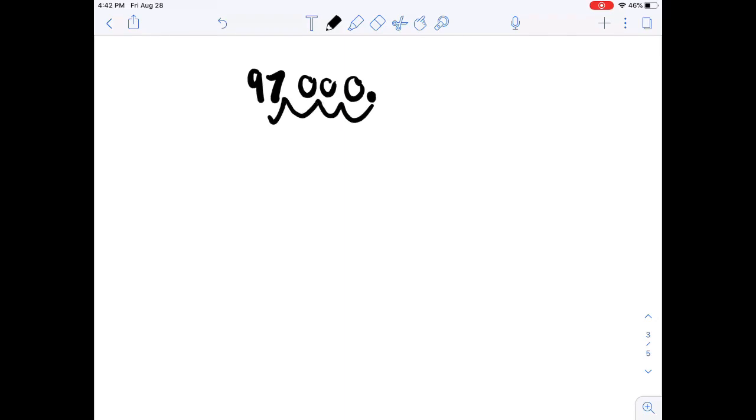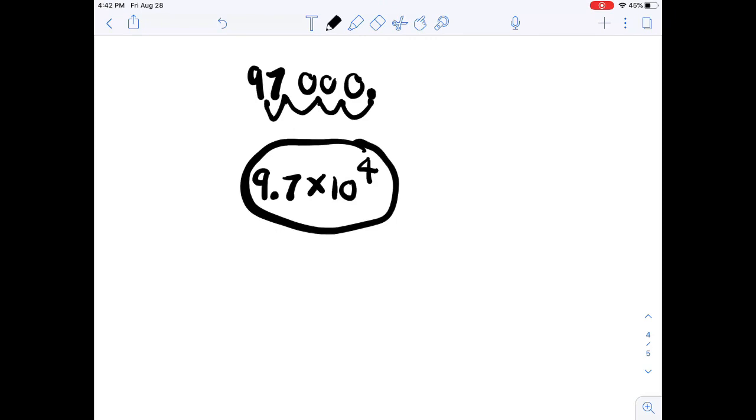So 1, 2, 3, 4. And we're going to write 9.7 times 10 to the power of 4 because the decimal place moved 4 spaces to the left to get to where it's at.